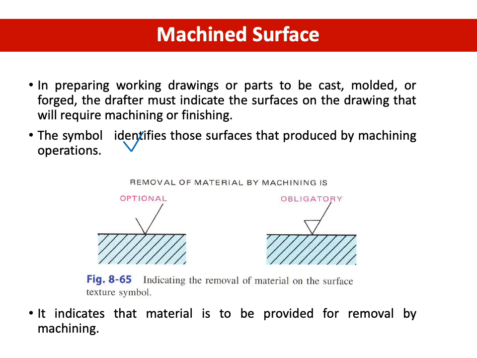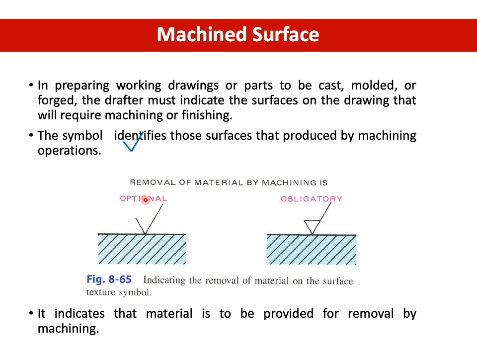So the machine surface. In preparing working drawings for parts to be cast, molded or forged, the drafter must indicate the surfaces on the drawing that will require machining or finishing. The symbol identifies those surfaces produced by a machining operation.